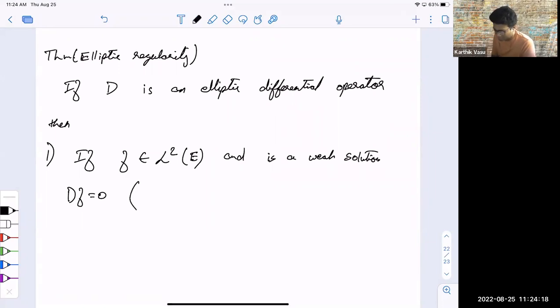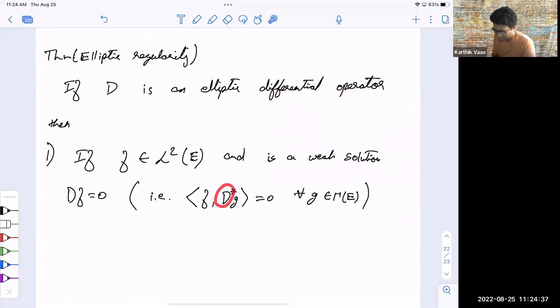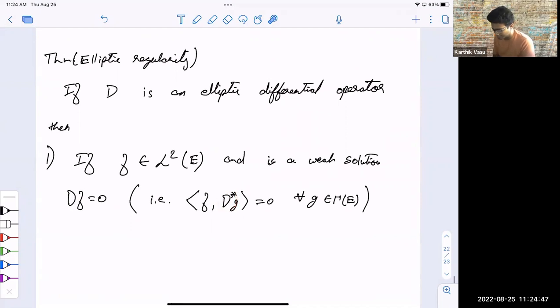So what I will say is I want the weak derivative to be 0. It just means I want the inner product of f and D* g to be 0 for all g smooth. And D* is a formal adjoint of D. Because we had inner products, you can always define a formal adjoint, and you can give a picture saying this will also be a differential operator, which can be easily defined locally.